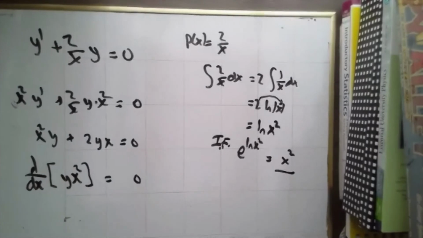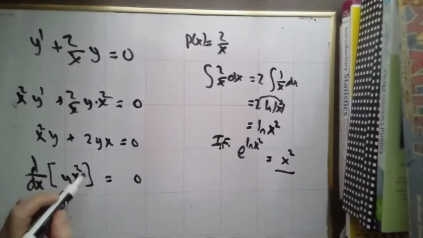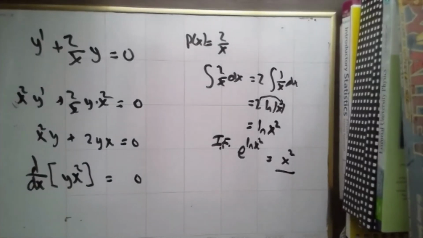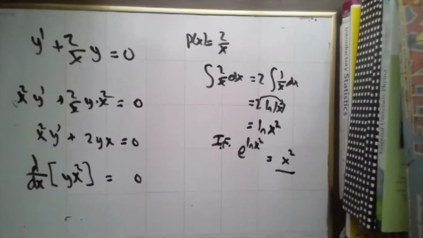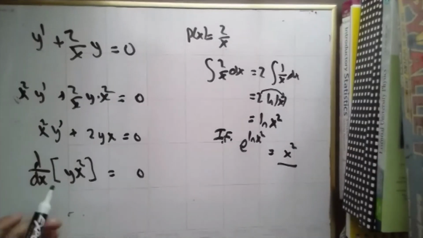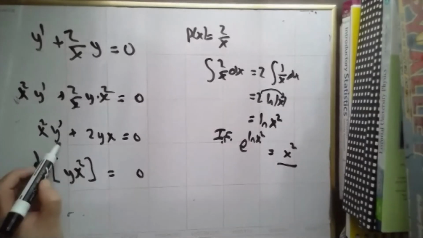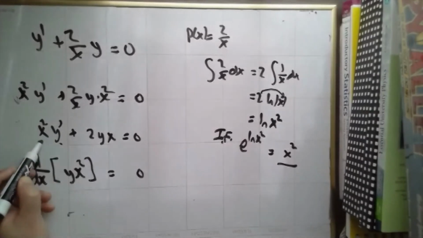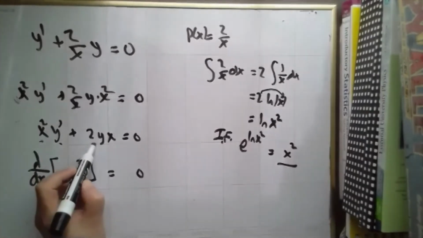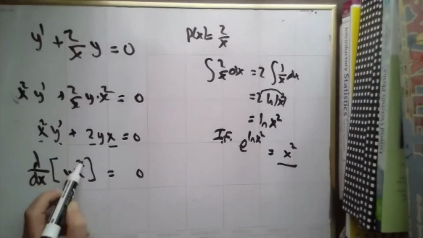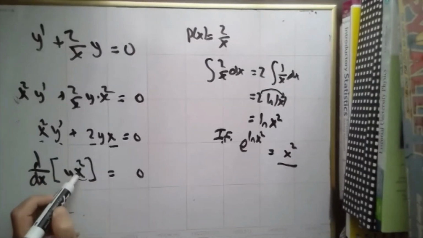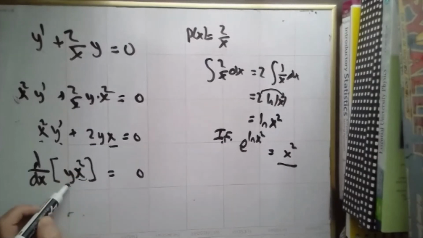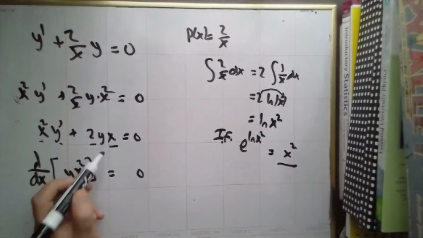So we're going to un-product-rule that and write it like this. Let's check and make sure we did it right. Lost my prime. Derivative of the first times the second plus the derivative of the second, the derivative of x squared is 2x, times leave the first alone. It's right.